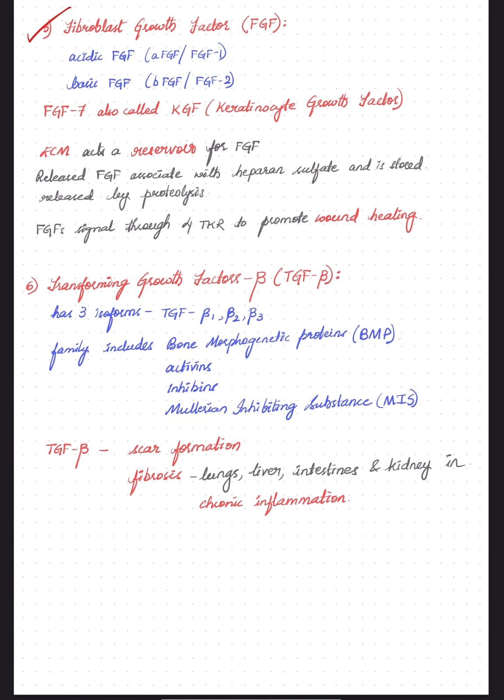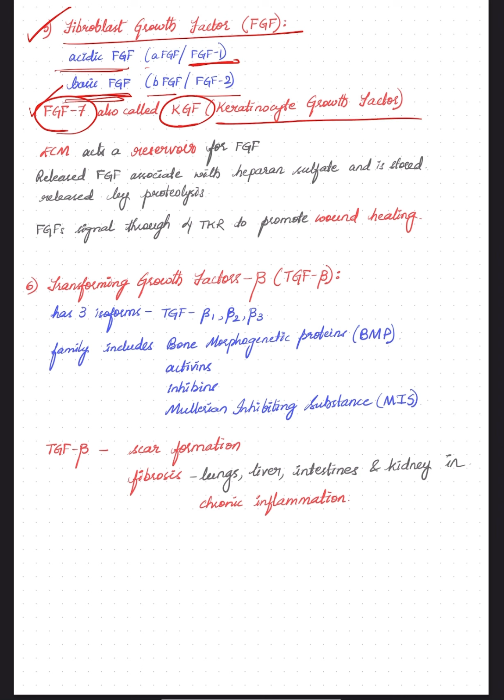Now coming to fibroblast growth factor, there are two forms, acidic and basic. Acidic FGF, AFGF or FGF1. Basic is BFGF, FGF2. Fibroblast growth factor 7, as we have discussed in the table, is also called KGF, keratinocyte growth factor. The extracellular matrix acts as a reservoir for FGF.